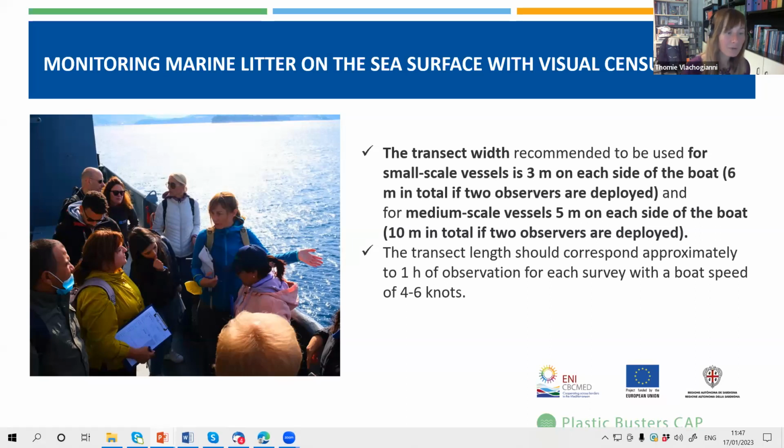In general, the floating litter monitoring should be performed when the conditions for visual observation are optimum. So we are talking about the sea surface being calm, and days with mist obviously are not a good idea to perform this kind of activity, and to avoid the sun glare.